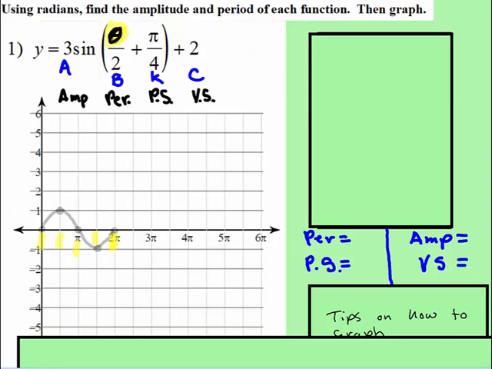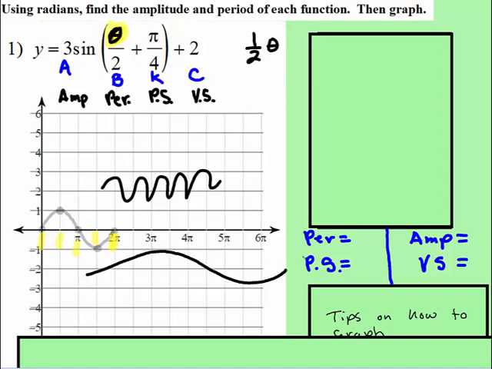Then inside, a number attached to the theta. Remember that theta divided by 2 is the same as 1/2 times theta. This value that's attached to the theta impacts the waviness, kind of speeds it up or slows it down, might be a way to think about it.